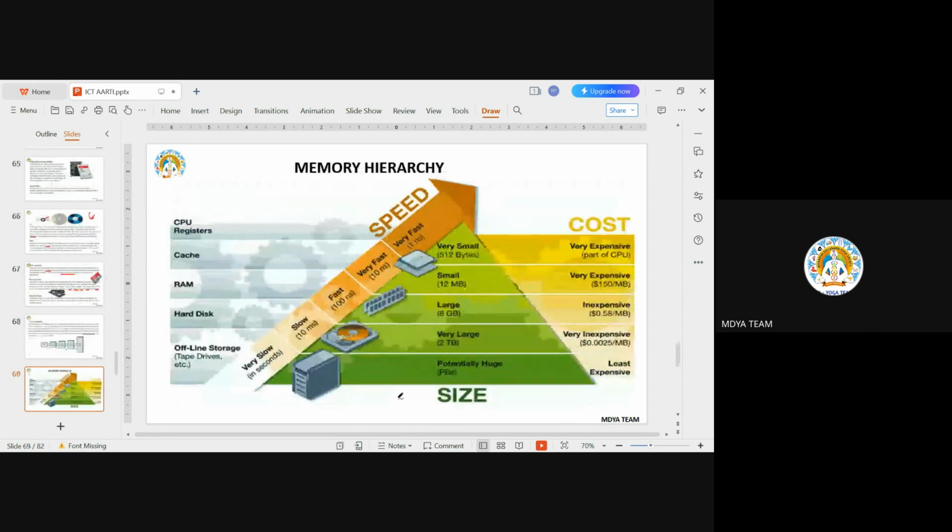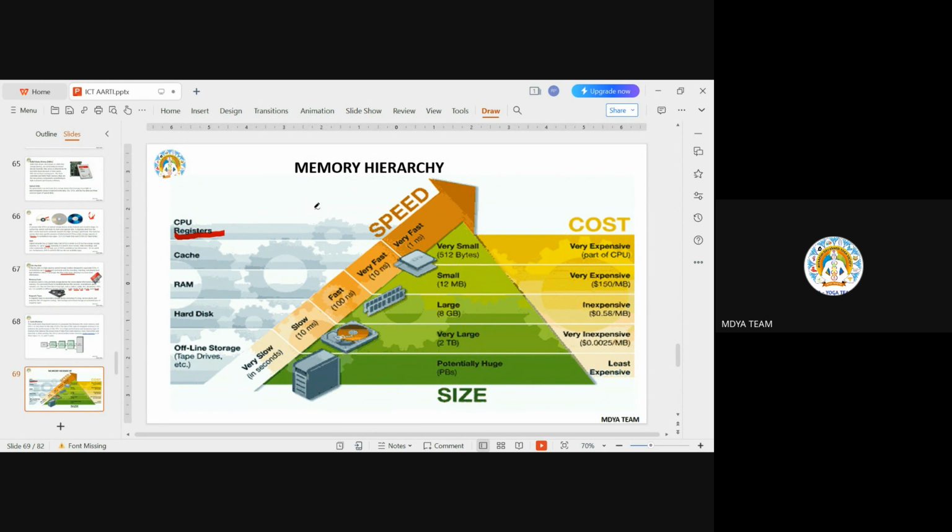So we will understand from the memory hierarchy also. First one is the CPU registers, which are present in the CPU. Please note that point. Registers and level 1, and sometimes level 2, are also present in the CPU. They are inbuilt, manufactured in the CPU.